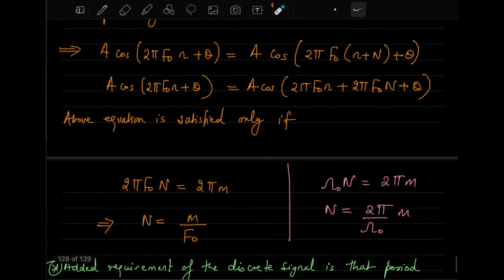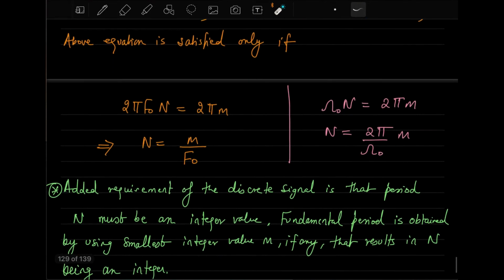We want our period, the one we are discussing here, to be an integer value. In the continuous setting, the time period T did not have any constraints.